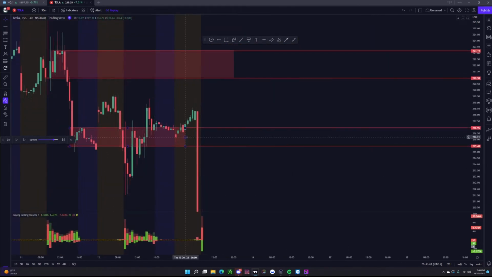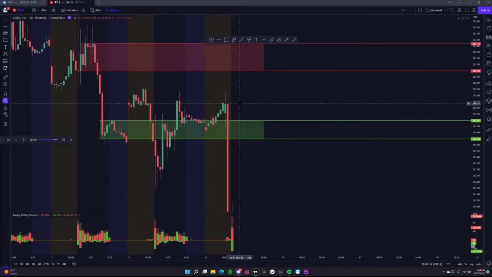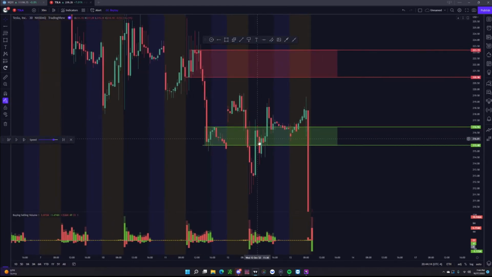So we can draw this out, and ultimately, let's keep this color coded. So I would make all this green because this is our demand. This is where you're expecting buying. Now, that is how you would have predicted this day, right?